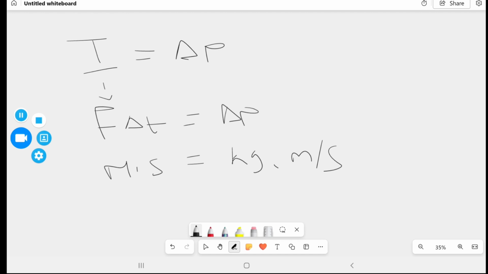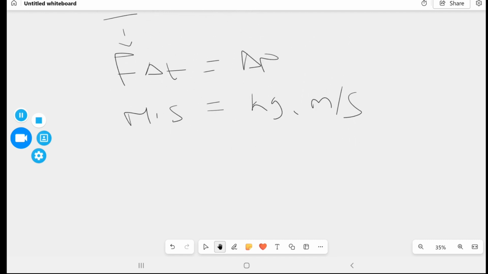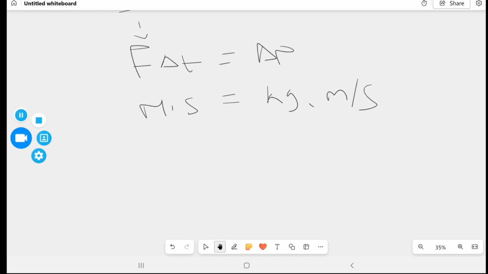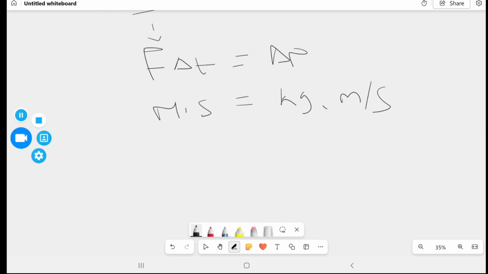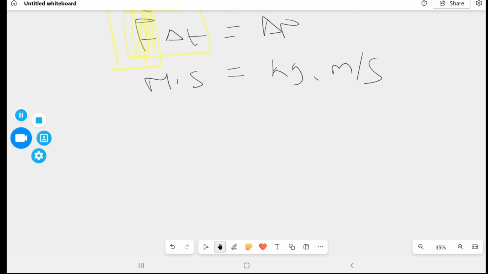As we're still playing with the formulas, we want to make F the subject of the formula. How do we make F the subject of the formula? We divide by the time on both sides.